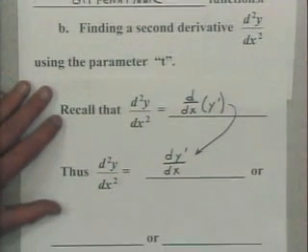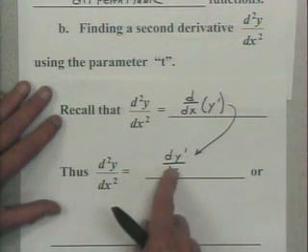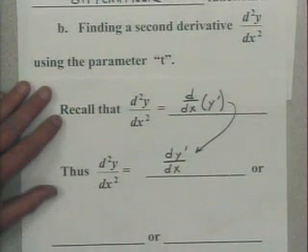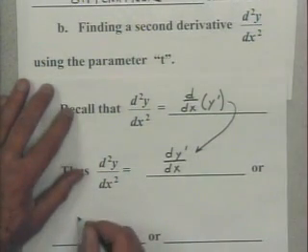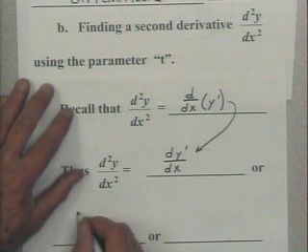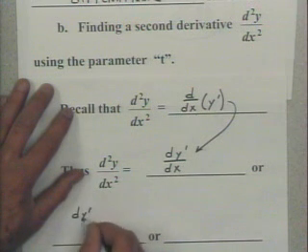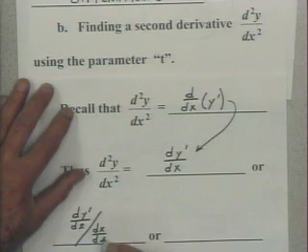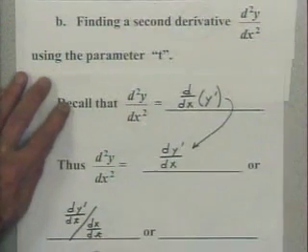Well then, according to what we just did, y prime is going to be in terms of t, and so is x. So what I have to do is take the derivative of y prime with respect to t and divide it by the derivative of x with respect to t. So this goes to here.